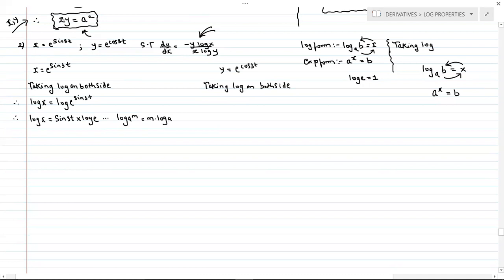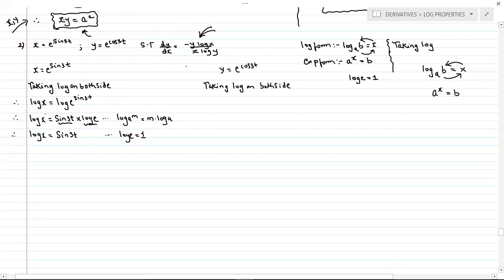Like that sine 3t will come down using this property. So after this, log x equals sine 3t. As we know, in place of log e we can write 1. So when you replace log e by 1, sine 3t into 1, you will get sine 3t only. Okay, so this is the procedure.